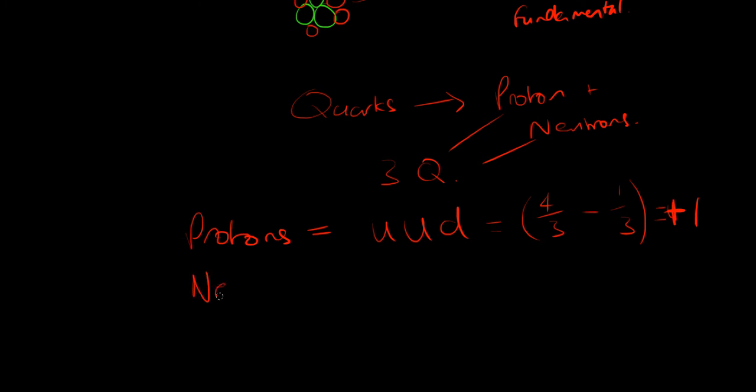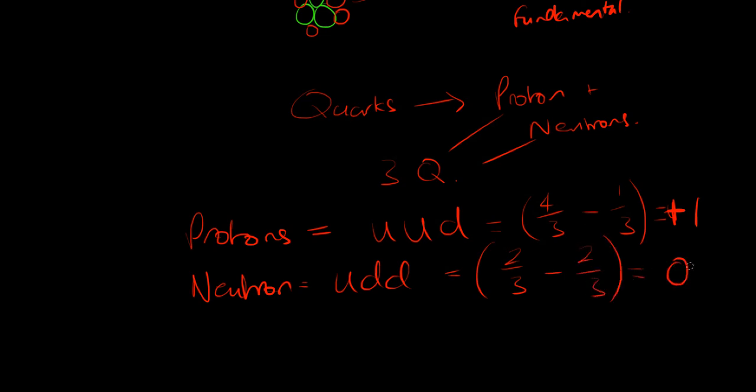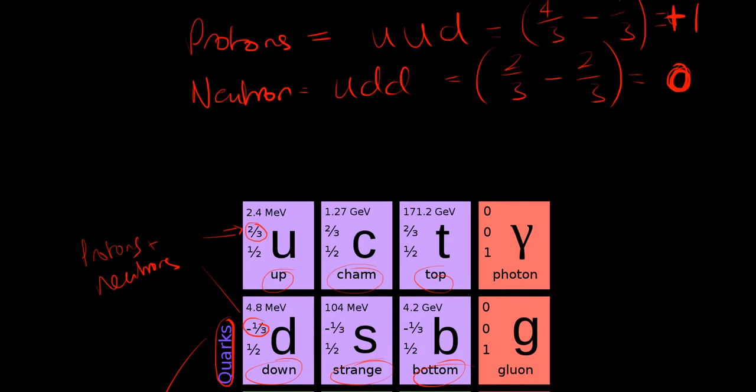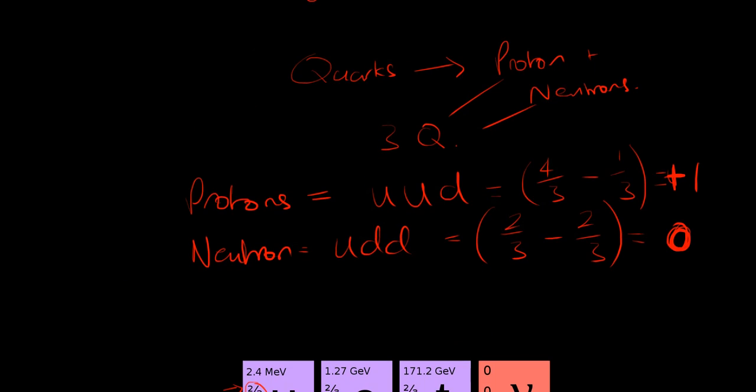And a neutron will have an up quark and 2 down quarks, because an up quark is 2/3, and 2 times minus 1/3 is minus 2/3, which gives you a charge of 0, which is correct again. So in essence, that's what protons and neutrons are.